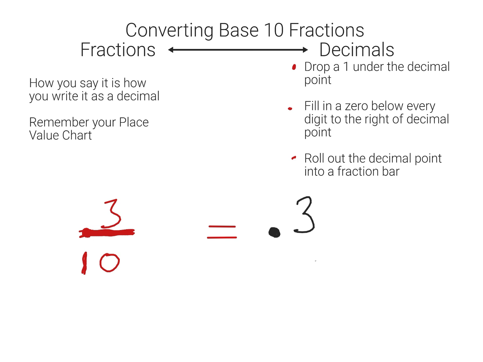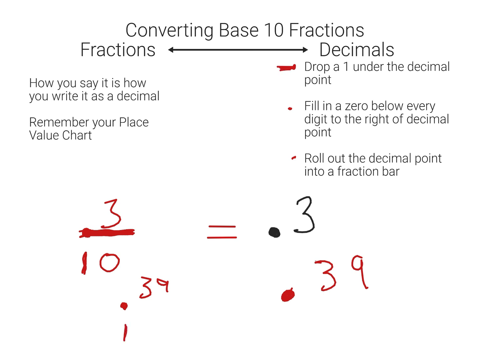Okay. Next, we're going to be changing 0.39, 39 hundredths. So we're simply going to rewrite the 0.39. Again, drop a 1 underneath the decimal point.